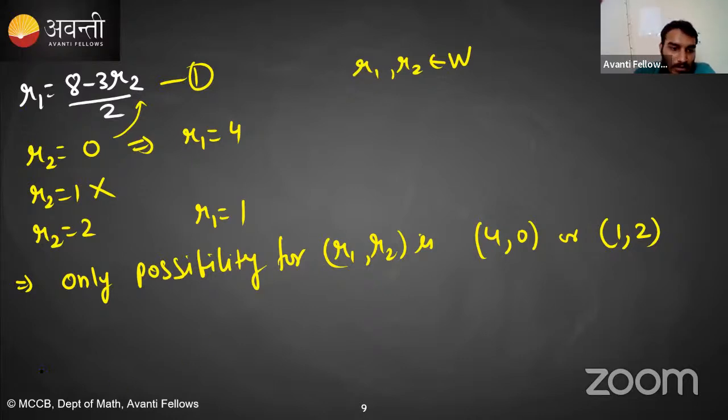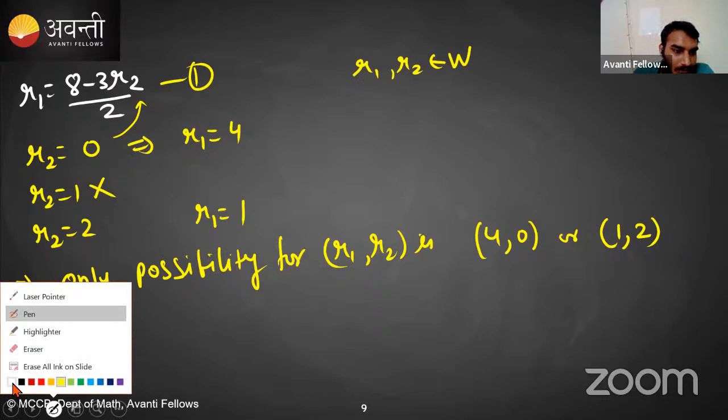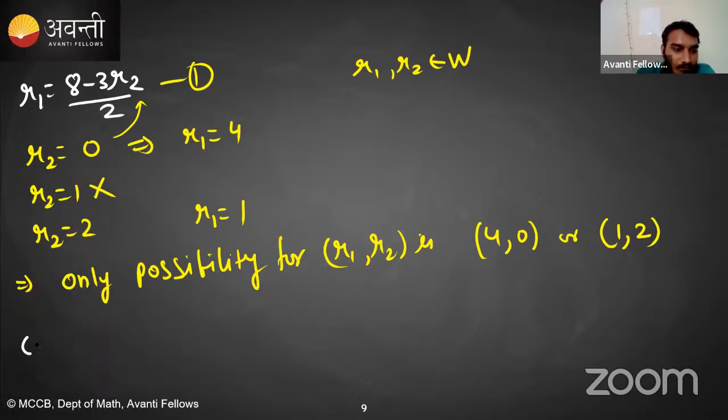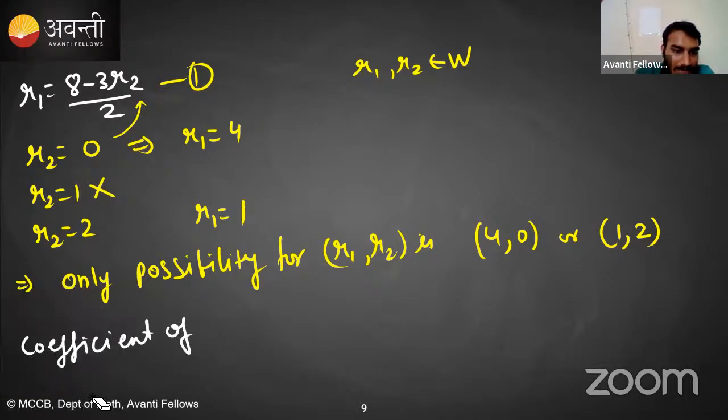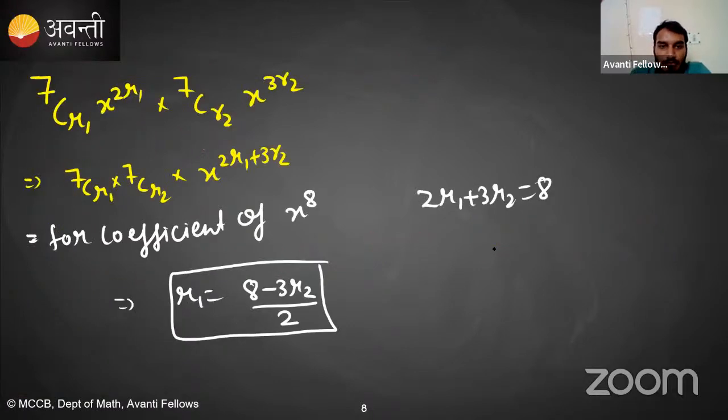Okay. So, what will be the coefficient of x raised to the power 8? The coefficient of x raised to the power 8 is, if 4 comma 0, put r1 as 4 and r2 as 0.